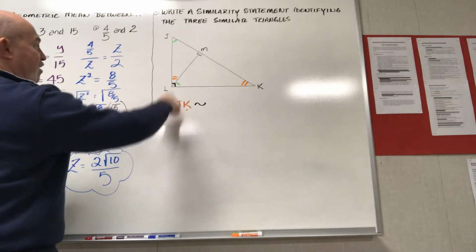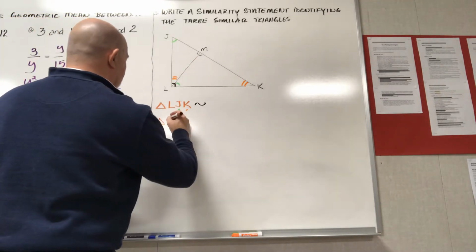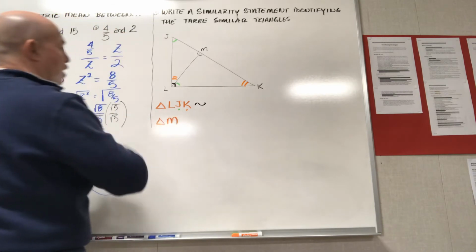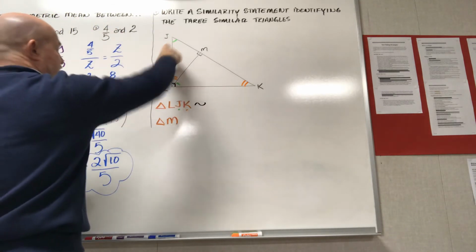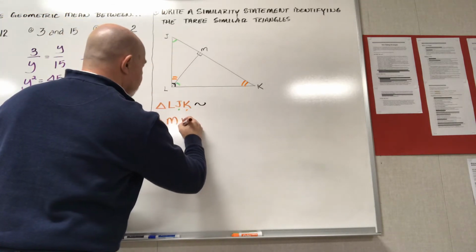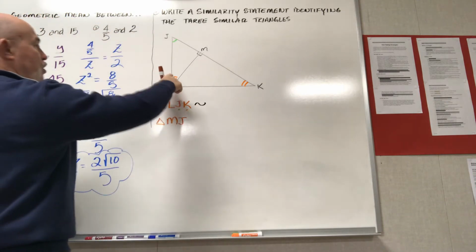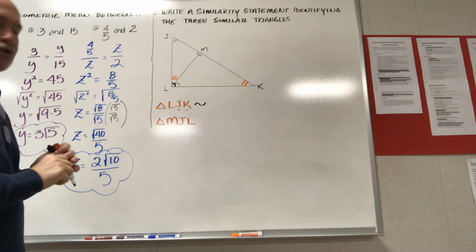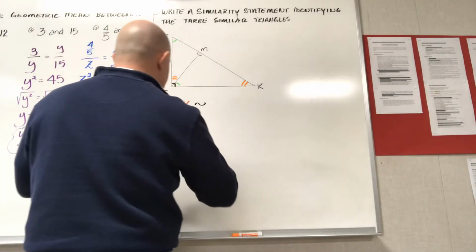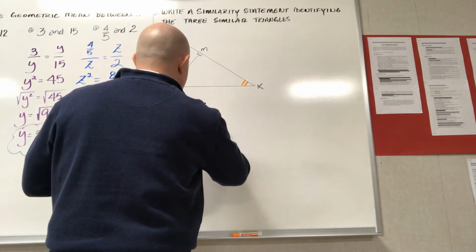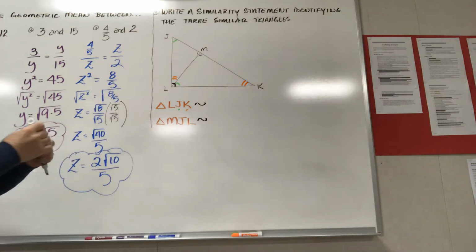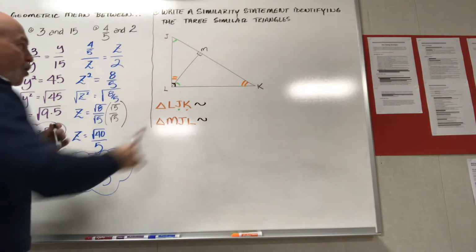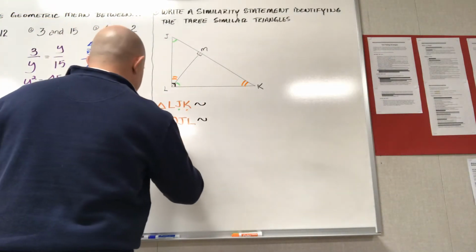Since I said right angle, I start with right angle. I went to green, I stay with green. I went to orange, I go to orange. There's the second triangle. It is similar to my third triangle, this one.